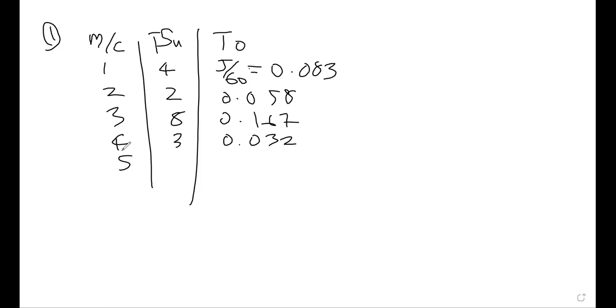Machine number 5, we have also 3 here, and 0.068. And then number 6, we have 4 and 0.042.